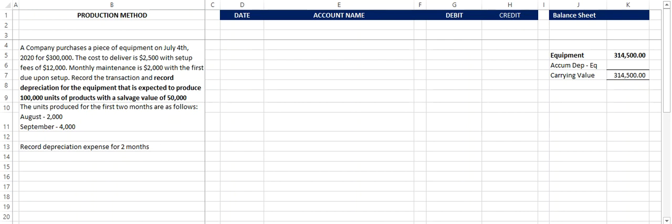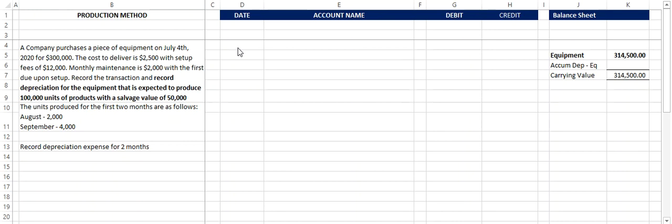Because technically, if you have an equipment and you haven't used it for 2 months, you don't expect it to lose value for those 2 months, because it hasn't produced its max yet. It hasn't added to the total that's considered to be the max amount of units this particular equipment can produce. And so that's the thought process behind this method. This method isn't too bad.